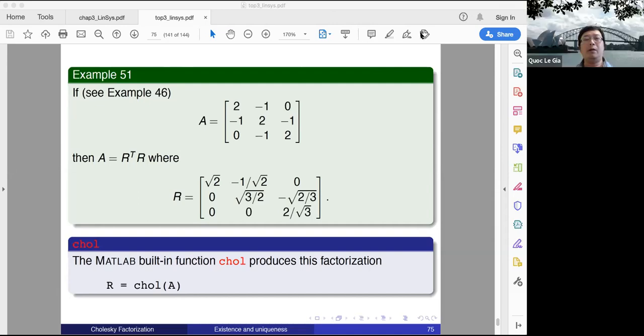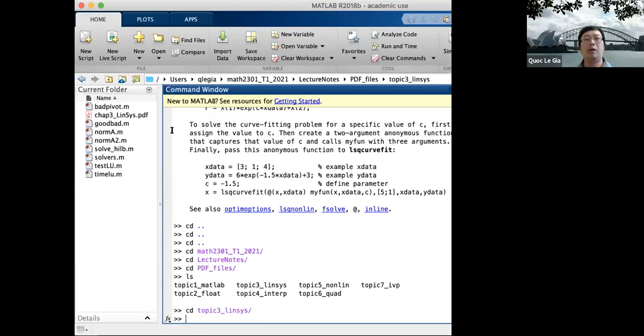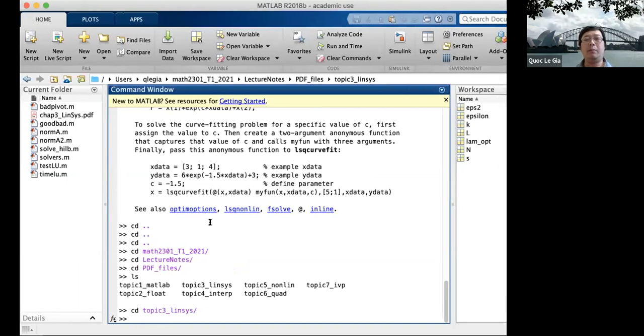I have to share my MATLAB. So I'll share my command window here. Suppose I put in my matrix.